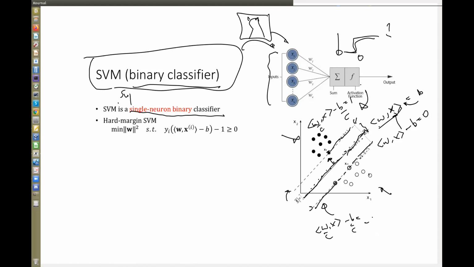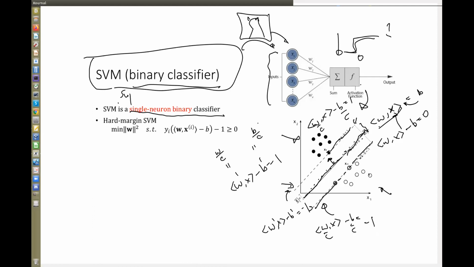Then the equation is Wx minus b equal to 1, and of course I should have a different W now, W prime x minus b prime equal to minus 1, where b prime is my original b over c, and W prime is the original W over c.